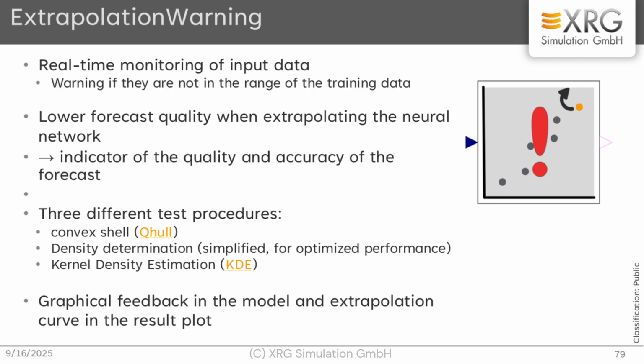This is also good for many inputs, because the convex hull needs to be calculated, and if you have many inputs, it's going to take some time, or I think there's a limit of 8 dimensions, or 8 inputs. So you can't use it for quite big neural networks, but you can then use one of the other 2 options: the simplified density approach or the kernel density estimation.